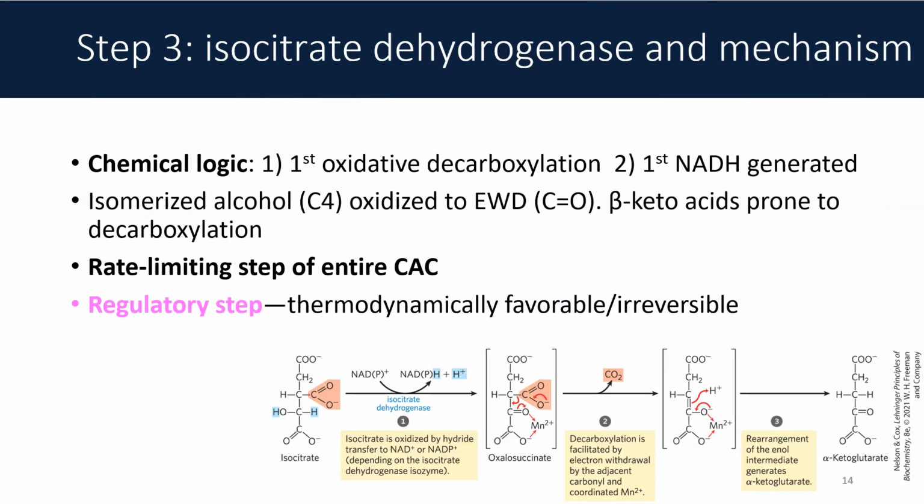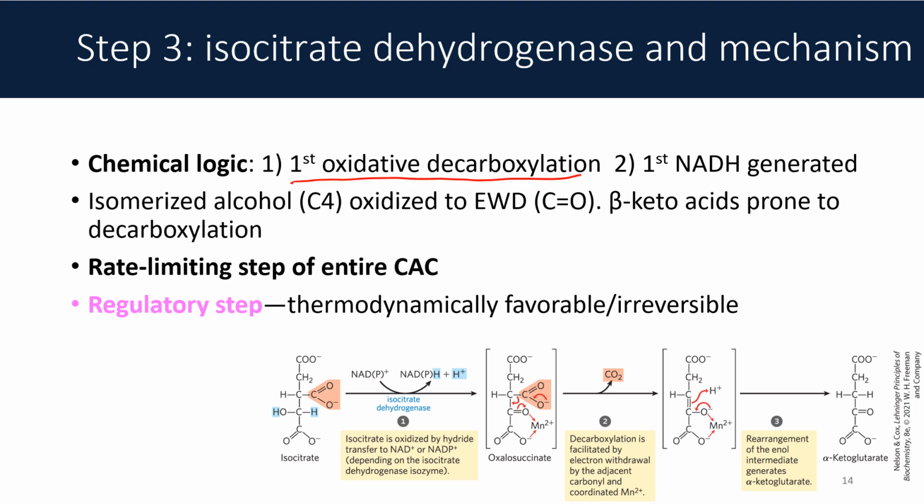Step 3 is catalyzed by isocitrate dehydrogenase. Our goal here is to oxidize our 6-carbon isocitrate into a 5-carbon alpha ketoglutarate. This is an important step because, like pyruvate dehydrogenase, it catalyzes an oxidative decarboxylation reaction.